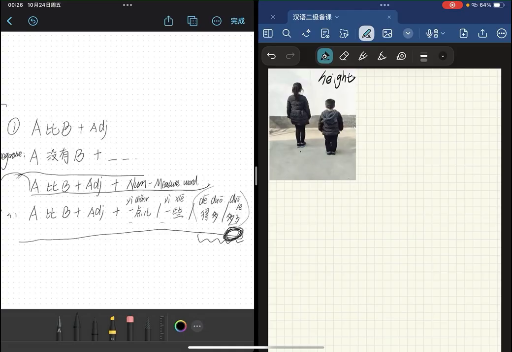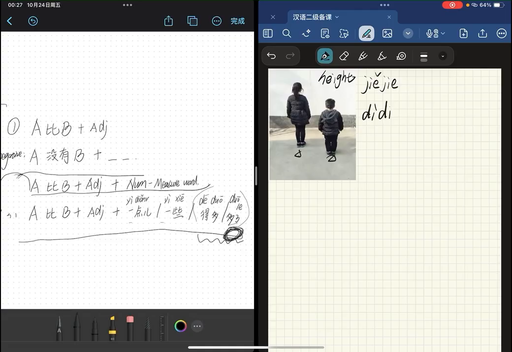We can see there's an elder sister and a younger brother, right? 姐姐, elder sister, and remember, the younger brother, 弟弟.